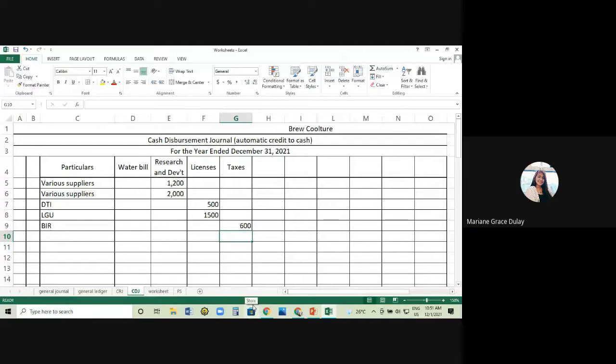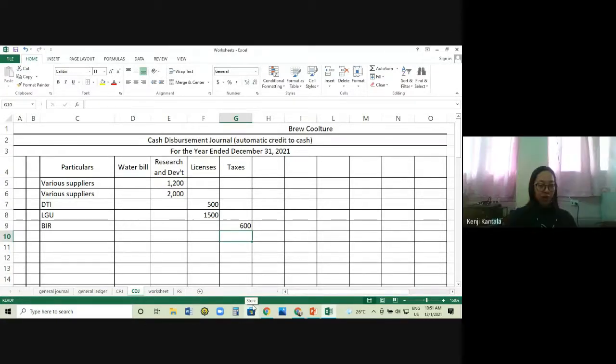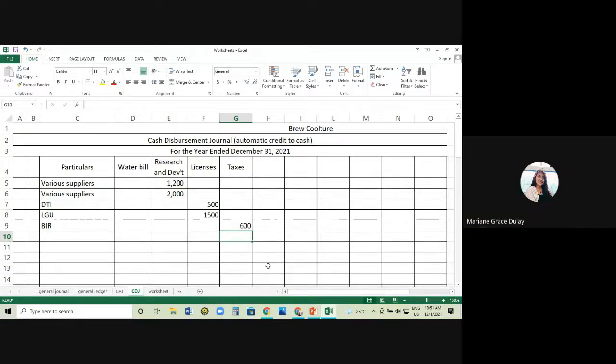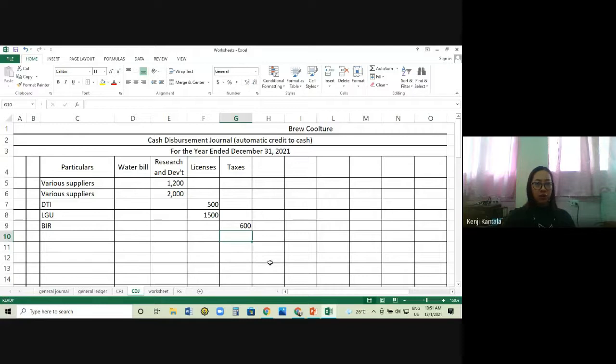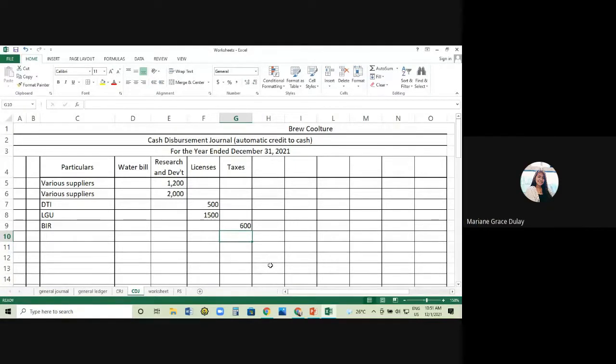Ma'am, next na ginawa namin is nagpa-print po ng uniforms, ma'am. Nagpa-print ng uniforms. So, uniforms po. Yes. So, what is the book involved with that one? Is it cash receipts journal or cash disbursement journal? Cash disbursements po, ma'am. Okay.